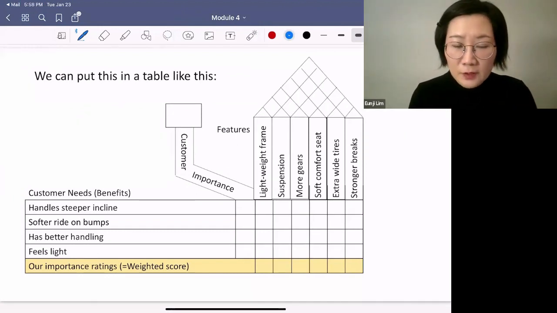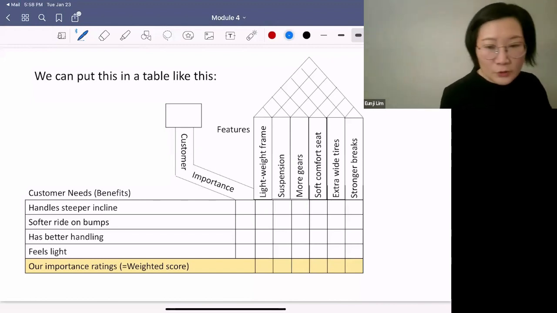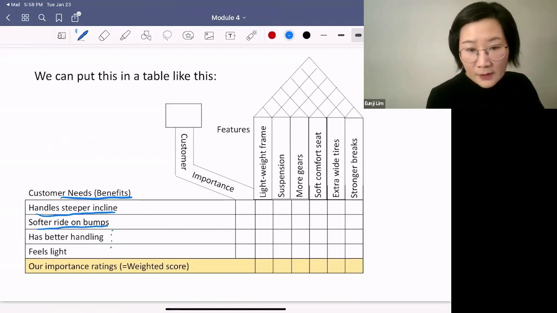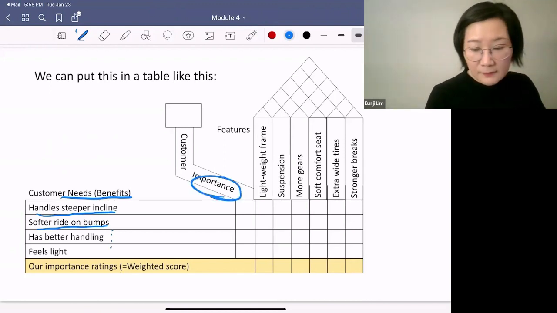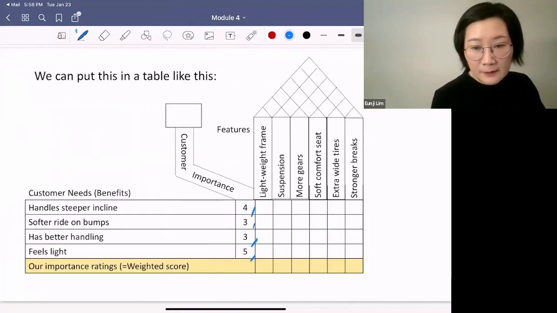Now, we can put this in a table like this. On the side, we can put all the customer needs, benefits, handles steeper incline, softer ride on bumps, etc. And next to this, we can put their importance ratings: 4, 3, 3, and 5.